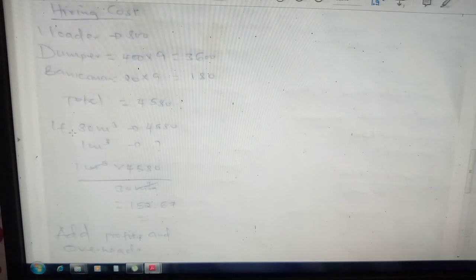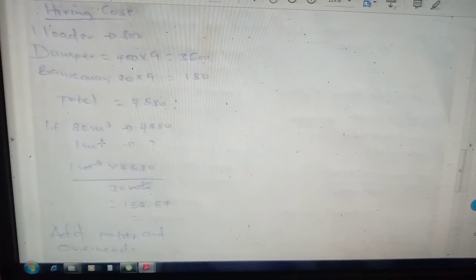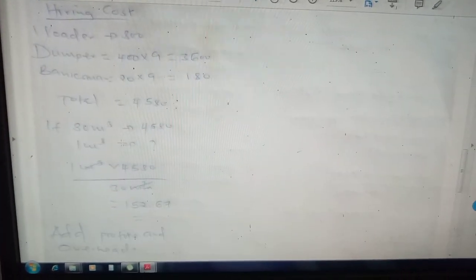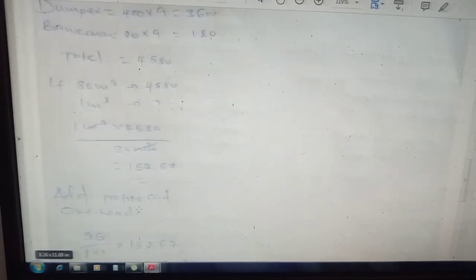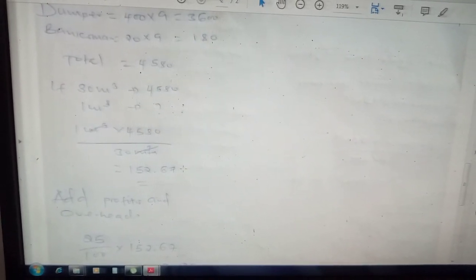This is the amount of money that will be used to do 30 cubic meters, but we need it for 1 cubic meter. You then get that 1 cubic meter will cost 152 shillings and 67 cents.